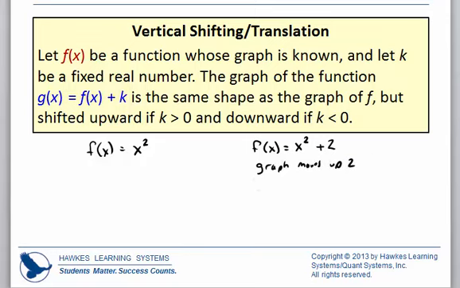And likewise, if you take your original function x squared and you subtract a number off of the end of that function, this is going to cause your graph to move down that number of units, so down 3.